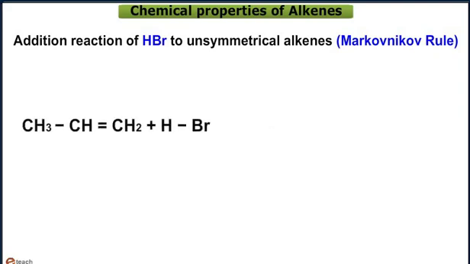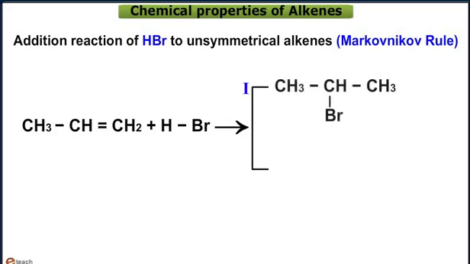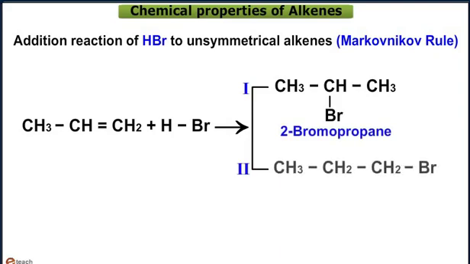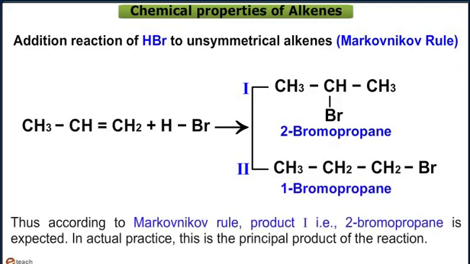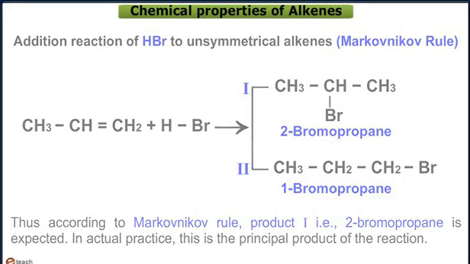Consider the reaction CH3-CH=CH2 plus HBr can give CH3-CHBr-CH3, that is 2-bromopropane, or CH3CH2CH2Br, that is 1-bromopropane. Thus, according to Markovnikov rule, product 1, that is 2-bromopropane, is expected. In actual practice, this is the principal product of the reaction.